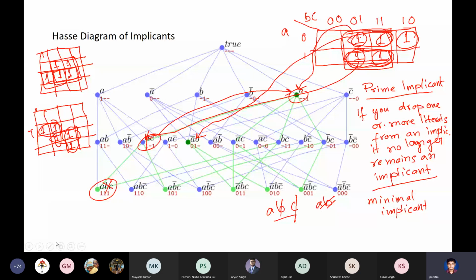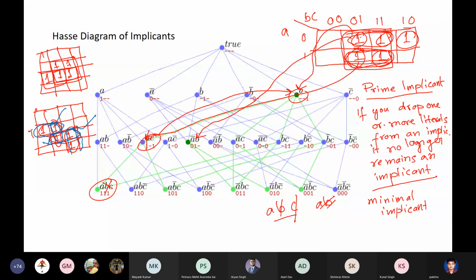So if you have this and this, you no longer need this. This is covered by these two. Right. But whereas this prime implicant is not completely covered by other prime implicants. Is not covered.